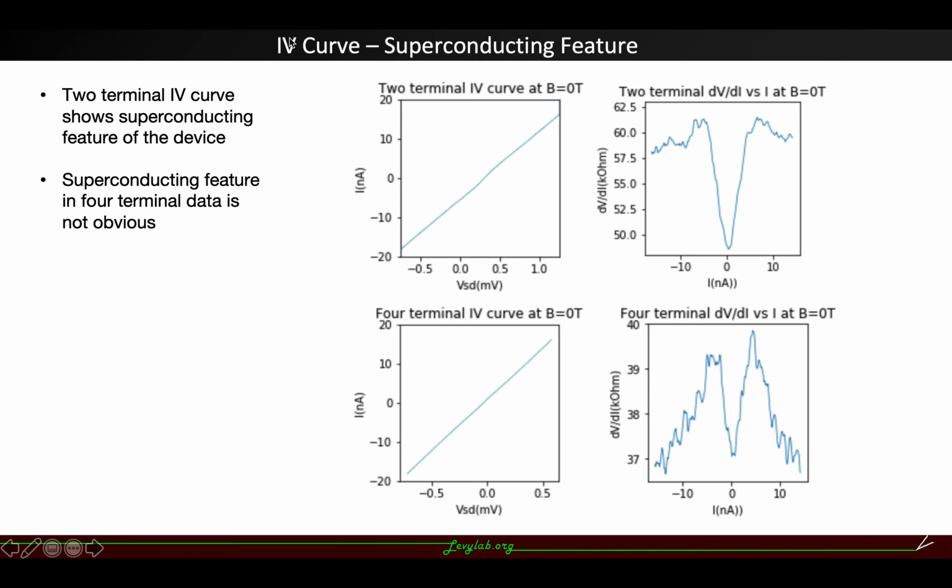This is how the IV curves look at low temperature. You can see here's a slight upturn in the 2-terminal IV curve, and from the differential resistance you can see also that the differential resistance around 0 current is lower than in other areas, and we think this is due to the superconducting behavior. In the 4-terminal wire, the superconducting behavior is not that obvious, but you can still see the lower differential resistance around 0 current.